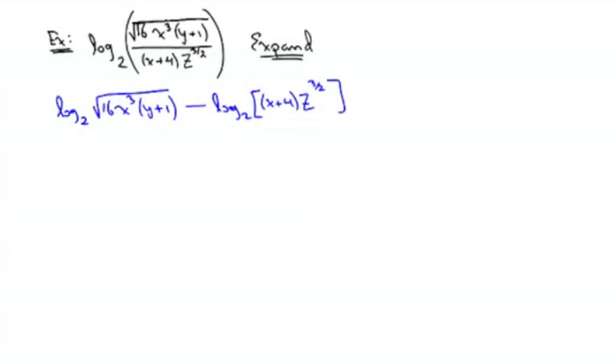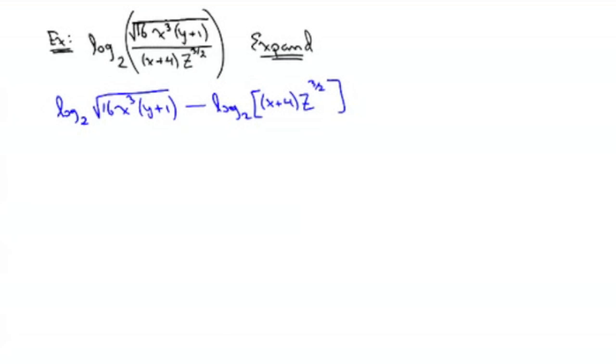And at least now it's 2 separate problems you have to deal with rather than one huge ugly problem. Now, little point of caution. This negative gets applied to everybody to the right. So if I start separating inside here and it has a plus, eventually it's going to turn into a minus because it's in the bottom to begin with. They all get minuses.